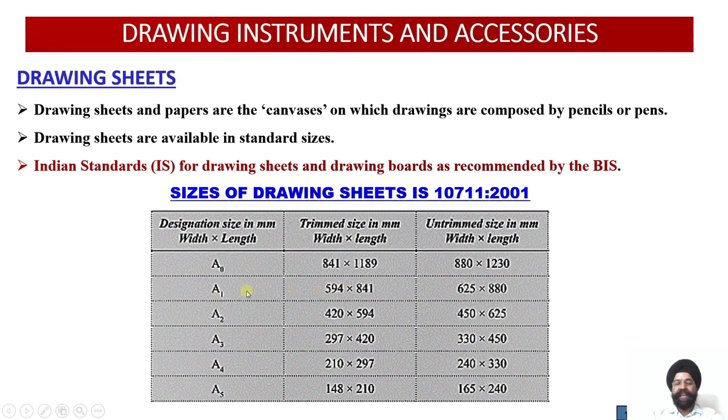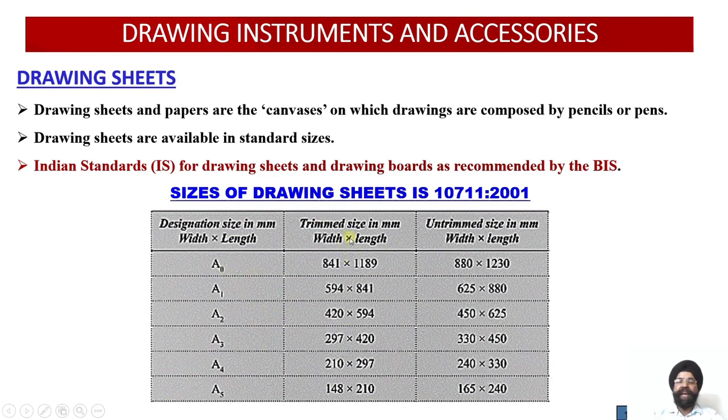Similarly, if we put two A1 sheets along their smaller dimension, 594 into 2 gives us 1188, but again there is a margin of 1 millimeter. So the final dimension we get is 1189 multiplied by 841. These are the trimmed sizes of the A4, A3, A2, A1 and A0 sheets.